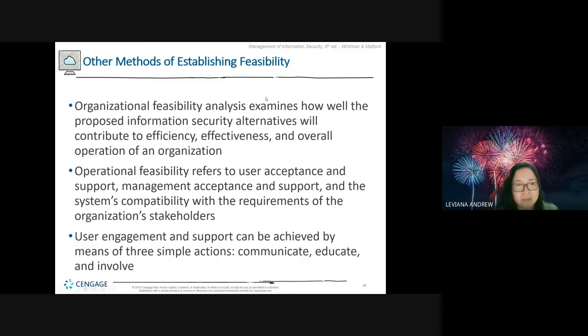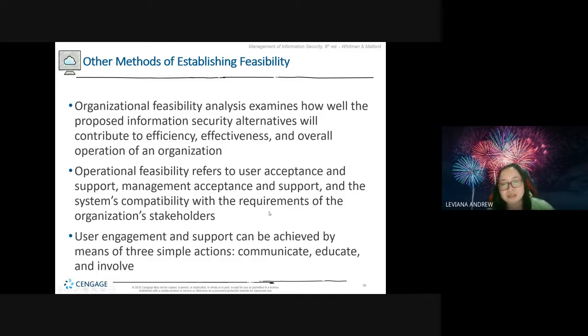Another method of establishing feasibility, organizational feasibility analysis, examines how well the proposed information security alternatives will contribute to the efficiency, effectiveness, and overall operation of the organization. Operational feasibility covers user acceptance and support, management acceptance and support, and system compatibility with the requirements of organization stakeholders.